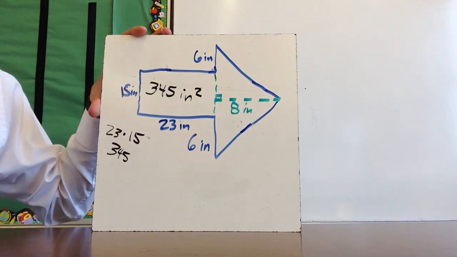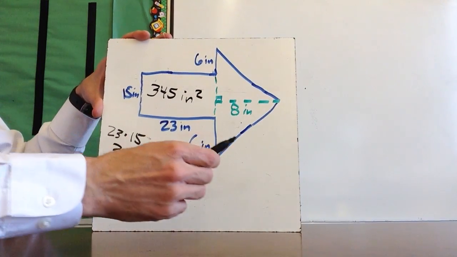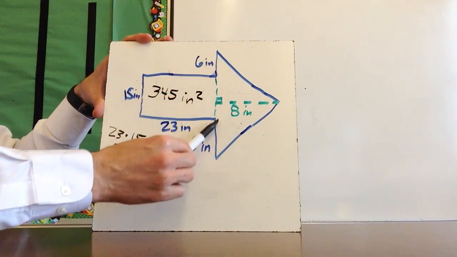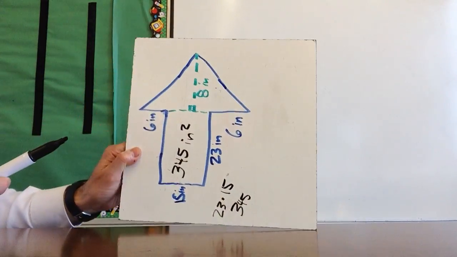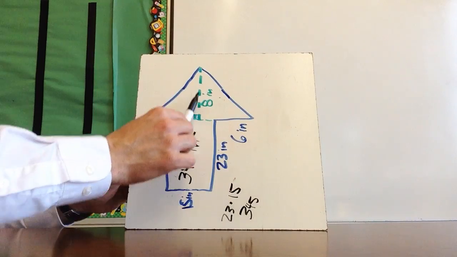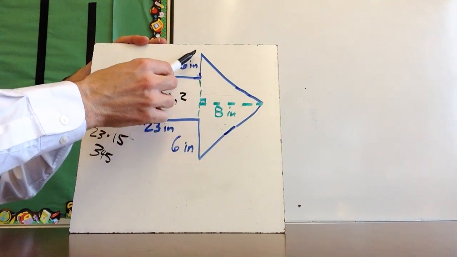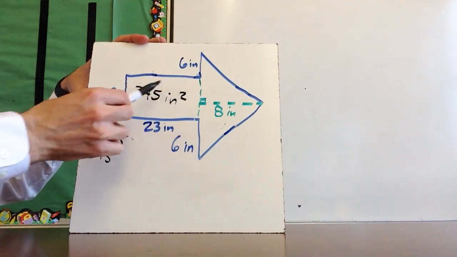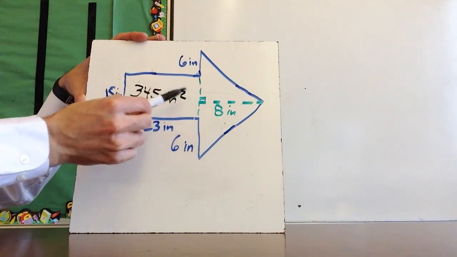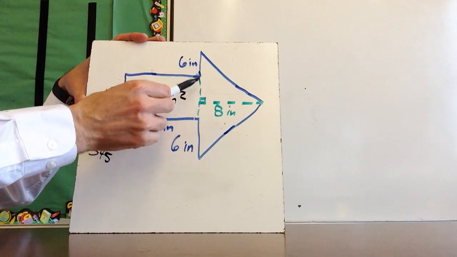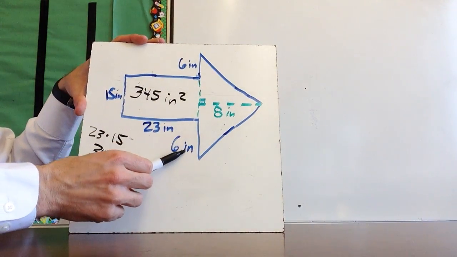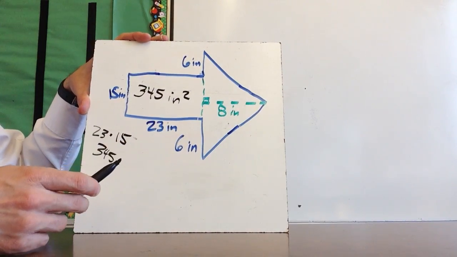Now to find the area of the triangle, I'm going to do 1/2 times base times height. But keep in mind the base now is this, right? So it's kind of looking at it this way. This is my base, and this is my height. And so if you think about it, the base is 6, plus this is 15, right? Because it's a rectangle, so if this is 15, then this is 15. So I got 6 plus 15 is 21, plus 6 more is 27.